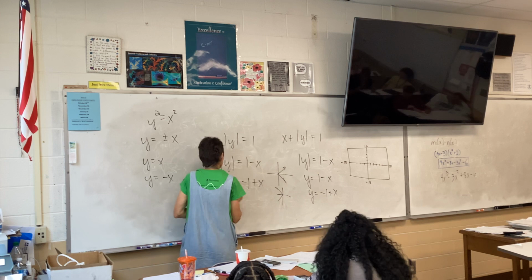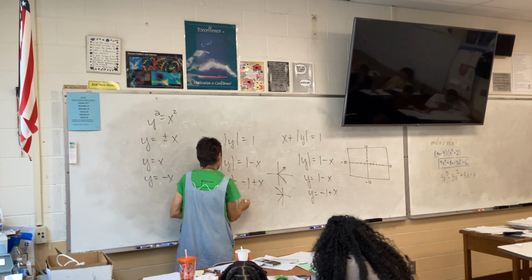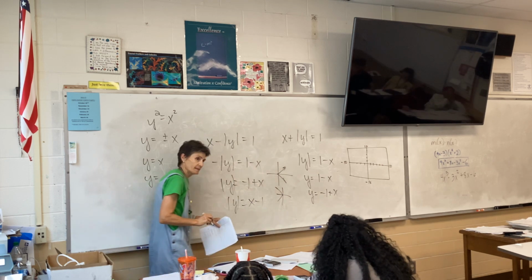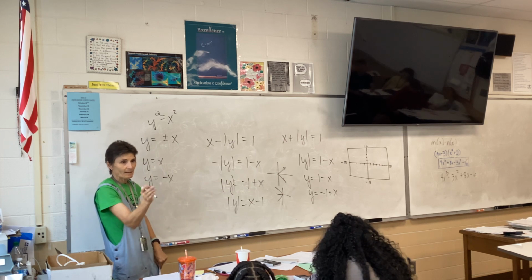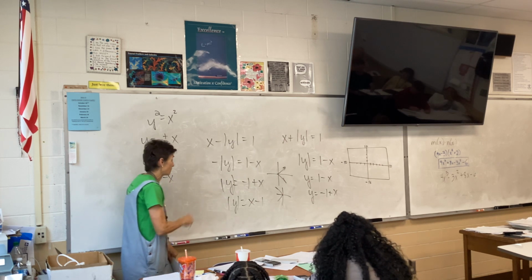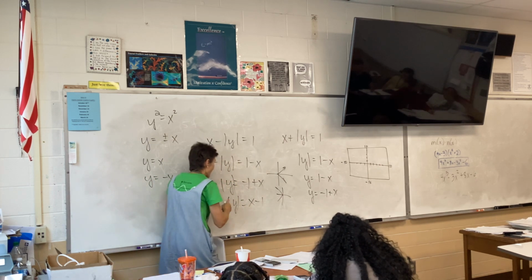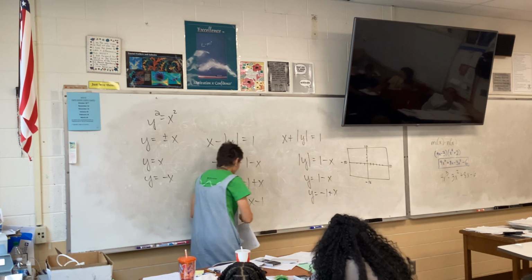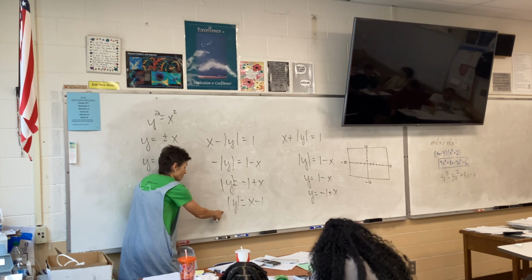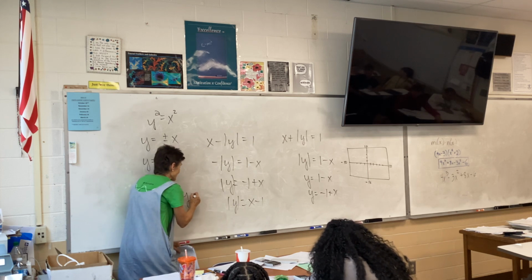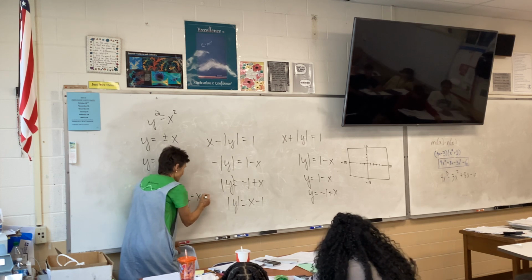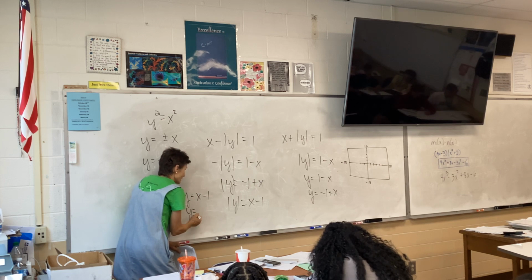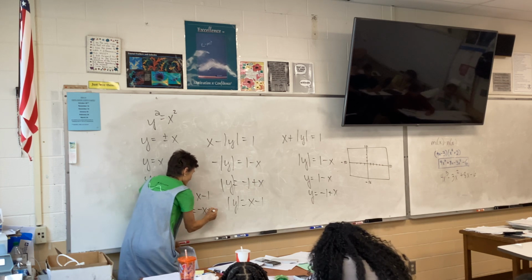Isn't that the same as x minus 1? Yes. Okay, take my word for it. This is where I'm at. Now, what are my implicit functions for this? Either y equals x minus 1 or y equals negative x plus 1.